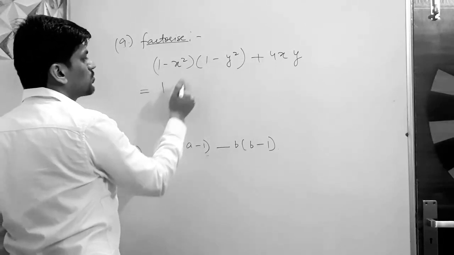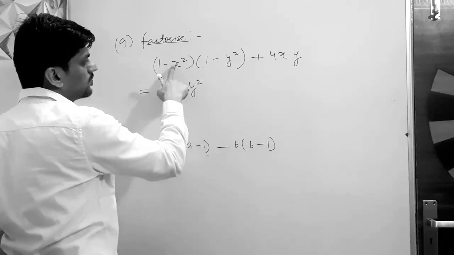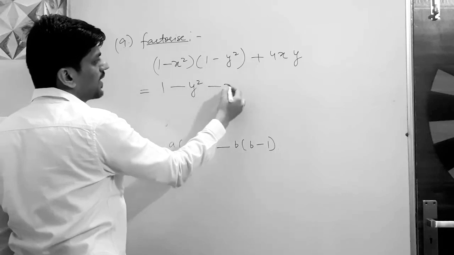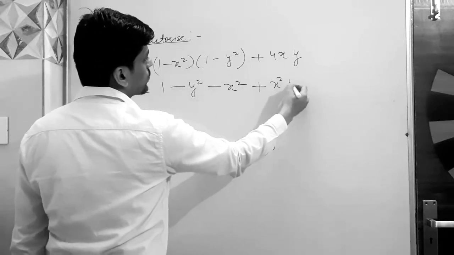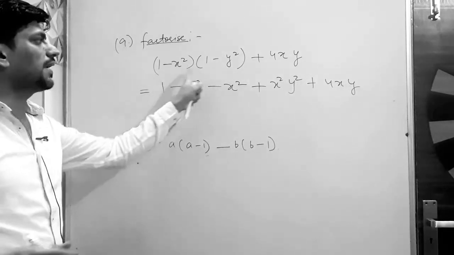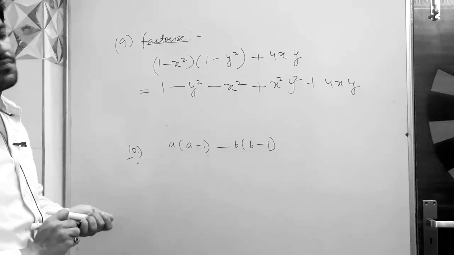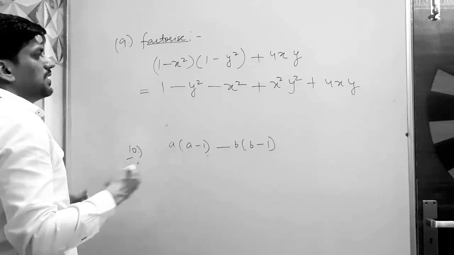Let us multiply. 1 times 1 is 1, 1 times minus y square is minus y square, minus x square times 1 is minus x square, and minus x square times minus y square becomes plus x square y square, and plus 4xy. What we have done? Just multiplied these two factors. Okay, now to factorize it, let us see.